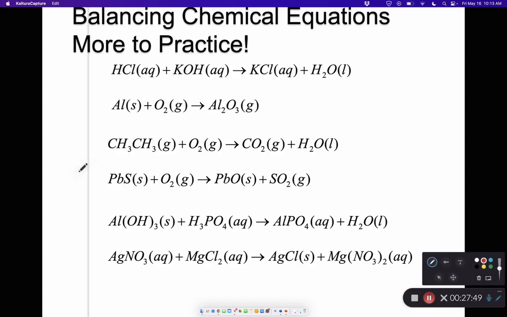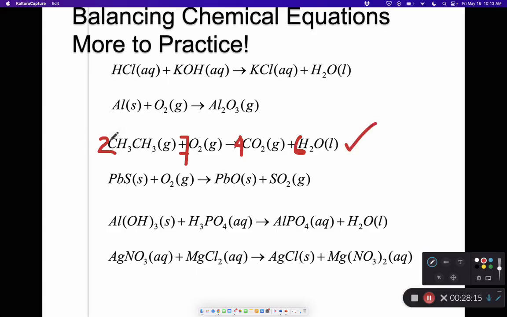What was the final answer? We had 2 here, we have 7 here, we had 2 and then 2 times 2 is 4 here, and originally we had 3 times 2 is 6 here. So now we have whole number coefficients, and this is good.